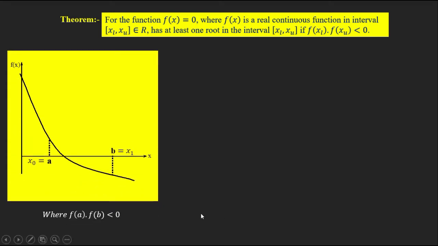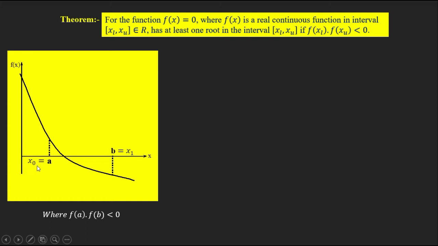So let us take a function f of x, where this graph represents this function, and we are after this root. We are going to find this root, where the function is 0 at some value of x. So here we have taken an interval where the function has different signs at both boundaries of this interval AB.